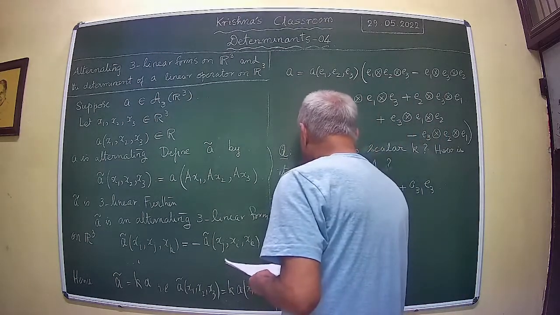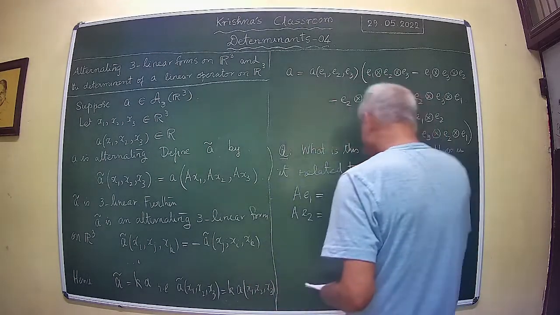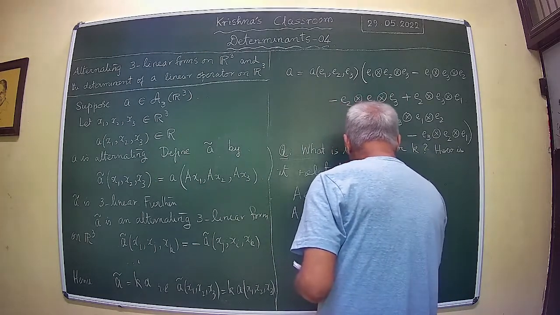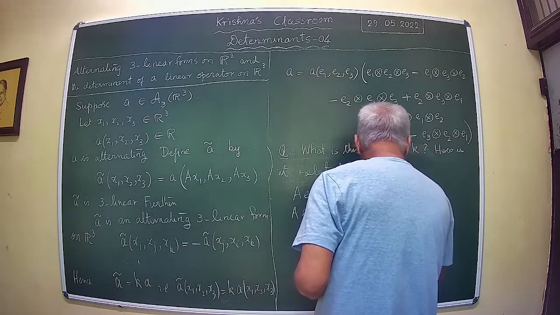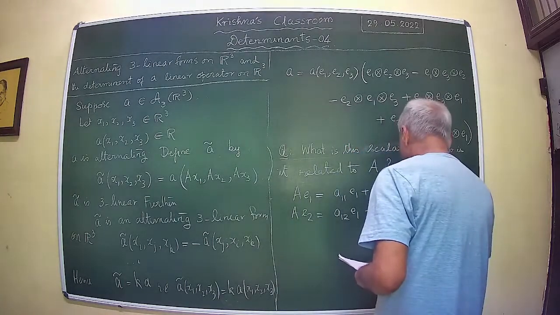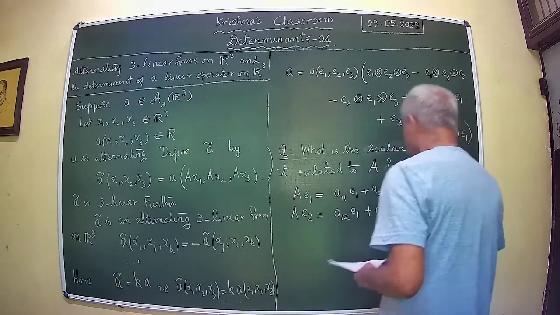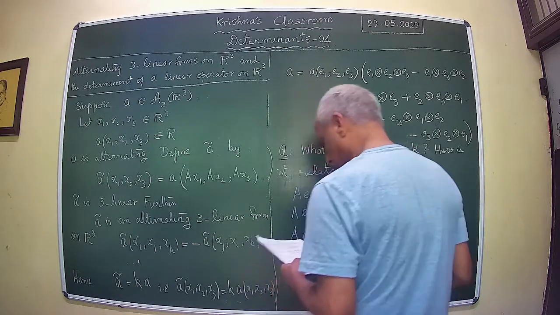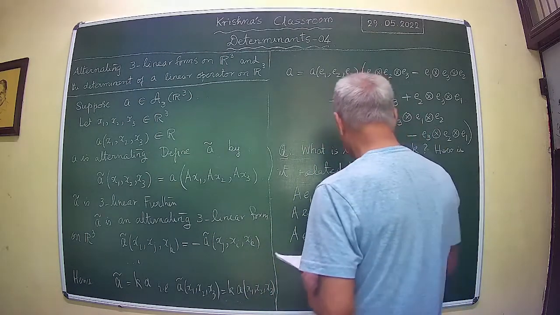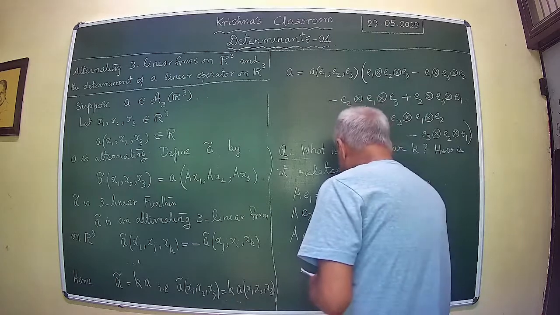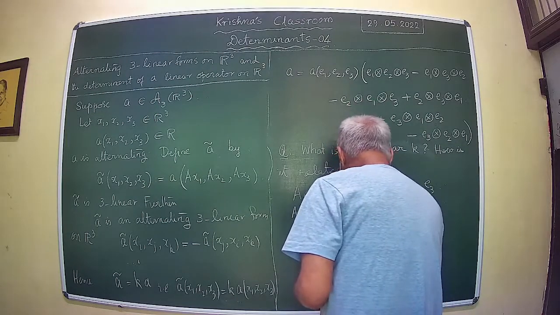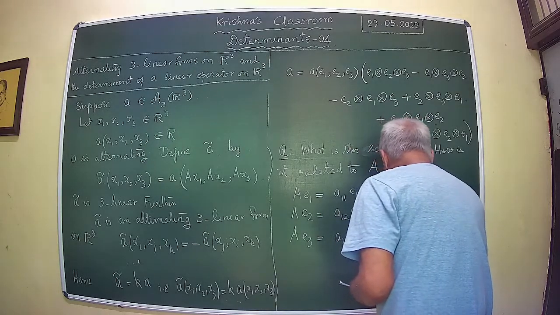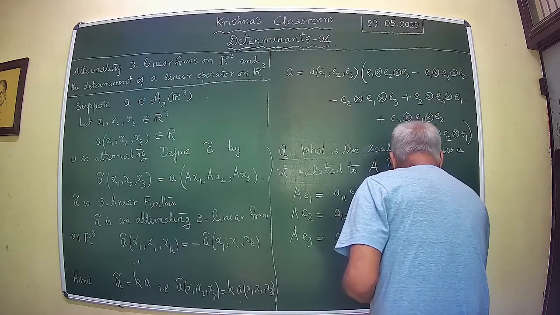A E2 equals A12 E1 plus A22 E2 plus A32 E3. So also A E3 equals A13 E1 plus A23 E2 plus A33 E3. This is quite easy to work out once we assume we are given Aij.